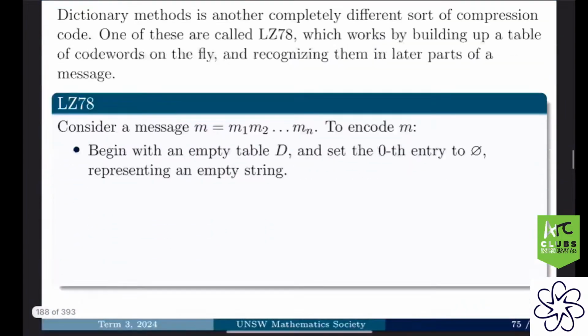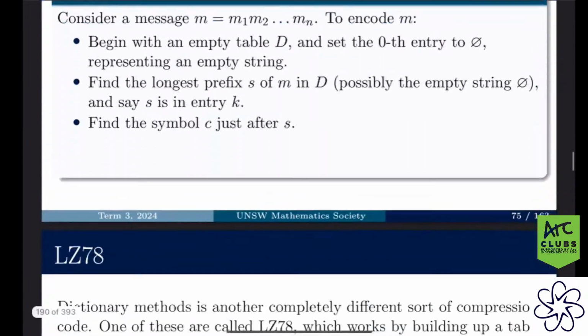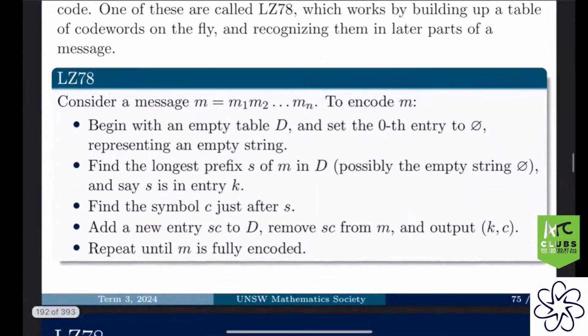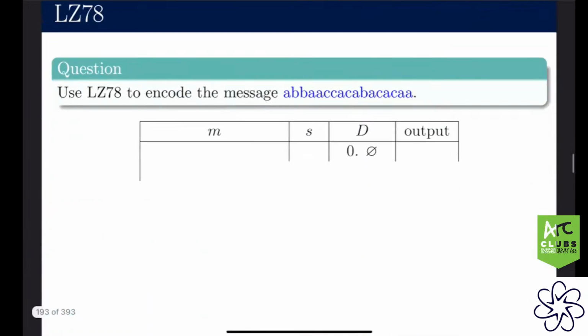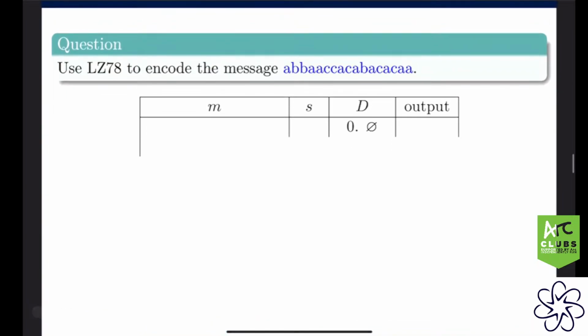All right, so again, here is just a bunch of slides telling you exactly how to do this. I'm going to pause here, so anyone that wants to read these can, but I'm just going to go through an example. So, use LZ78 to encode abacadabra, whatever it is.